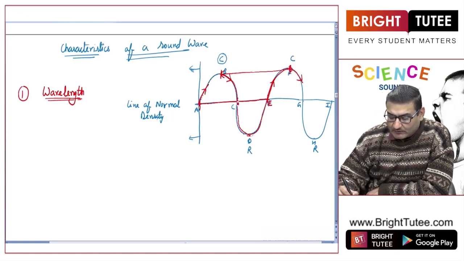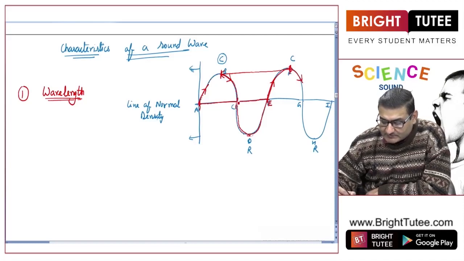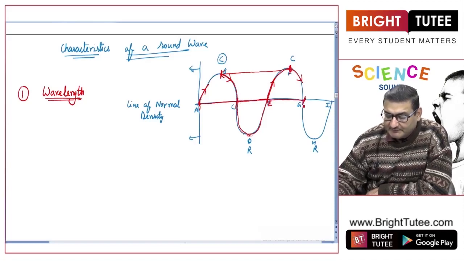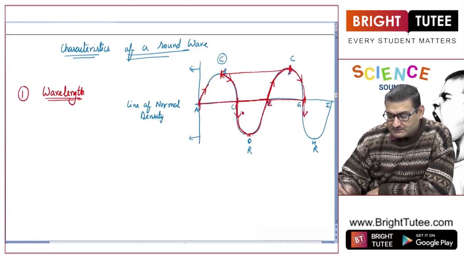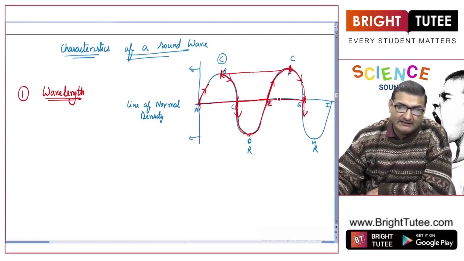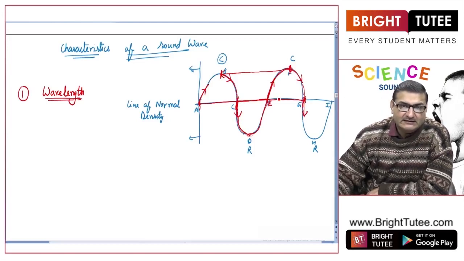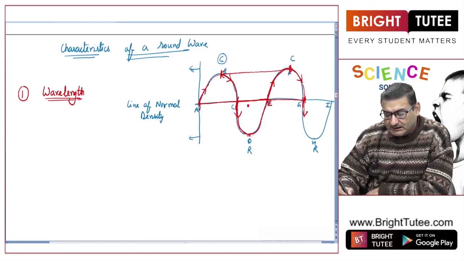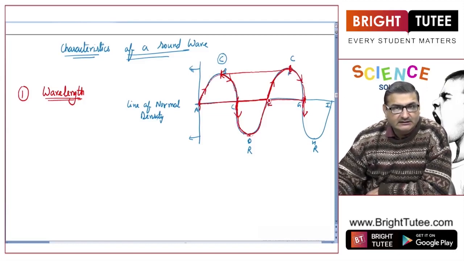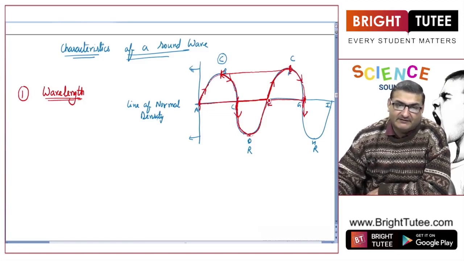Similarly, if I talk about C, then from C to G it will be the wavelength, because after one compression and one rarefaction, coming to this particular point G, it will again carry on with the same path. So from C to G it will again be the wavelength. So wavelength is the minimum distance, that is one complete compression and one complete rarefaction.